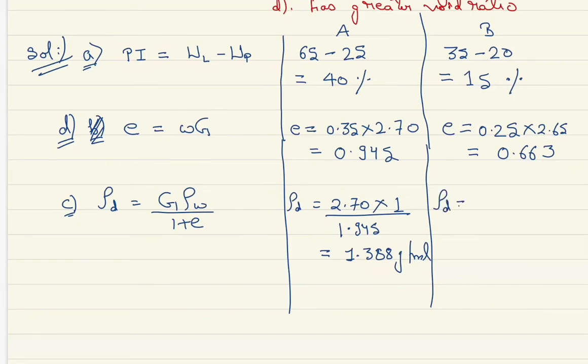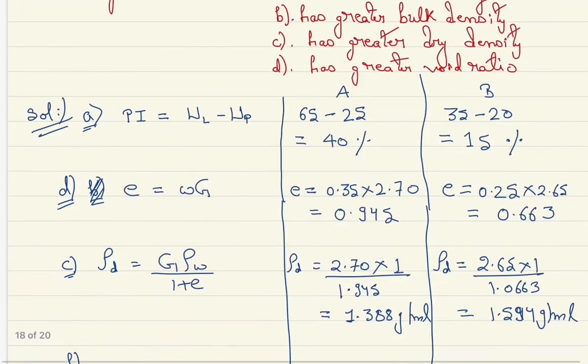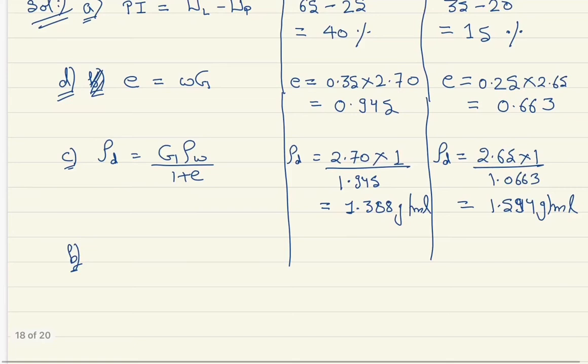For soil B, it will be equal to 2.65 into 1 upon 1.663, so it will be equal to 1.594 gram per ml.